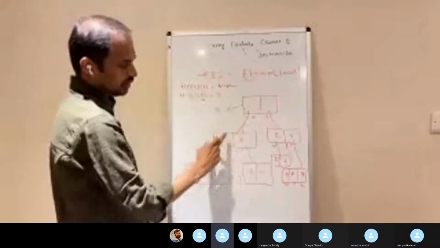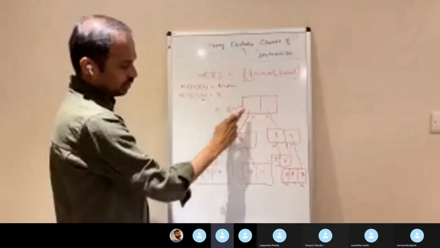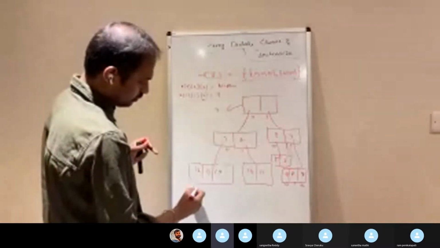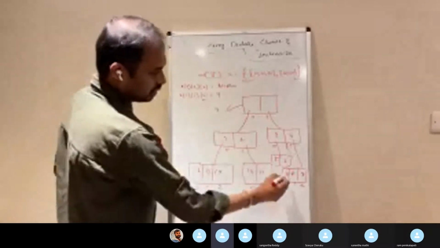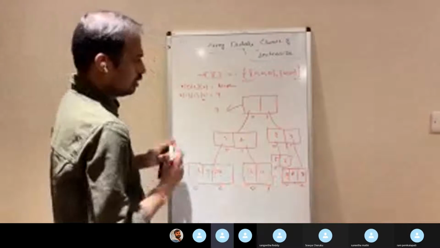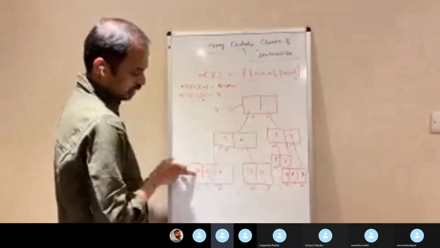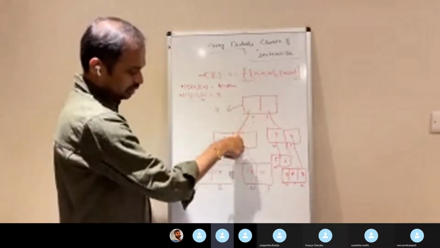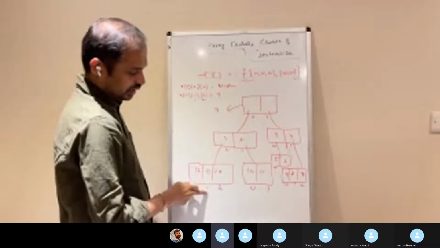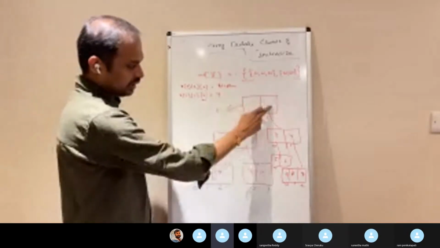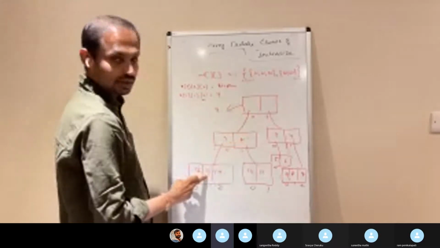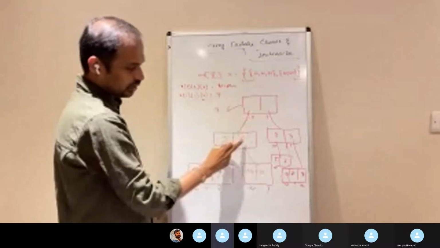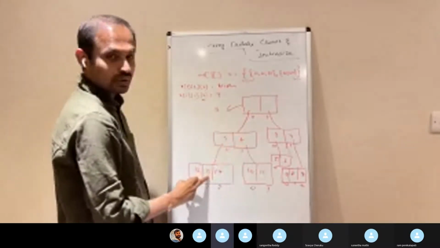So x of 0 of 0, 1. x of 0 of 0 of 0 is 12, because this is 0, 1, 2 and 0, 1, 0, 1. So x of 0, 0, 0, all three zeros, is 12. x of 0, 1, 1 is 13. x of 1, 1, 1 is 13.